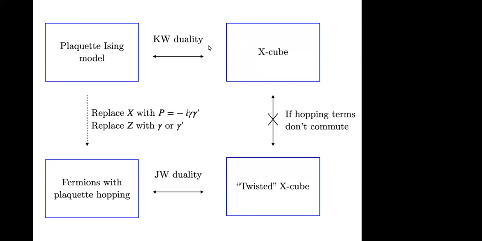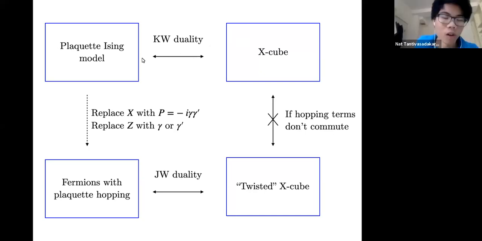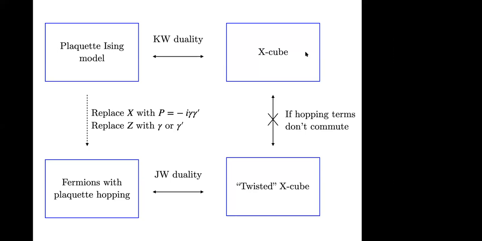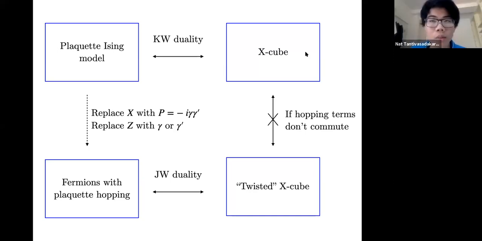Say any of these dualities, with the horizontal arrows, does it mean that the model on the left is identical to the model on the right, or not? All right. So I need to mod out certain symmetries. For example, I need to mod out subsystem symmetry over here, and then for the X-cube, I also need to mod out the sector where all the fluxes are not allowed. When you mod out by things like that, you usually also have to add some twisted sectors.